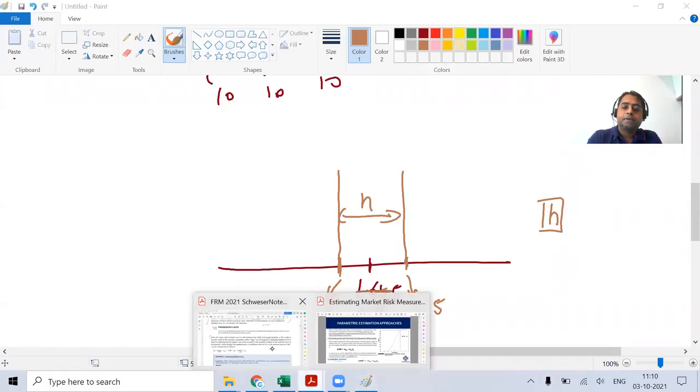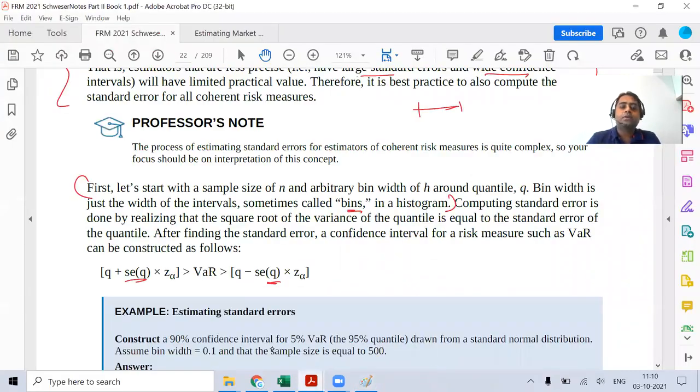Okay, read the first two lines. All good?